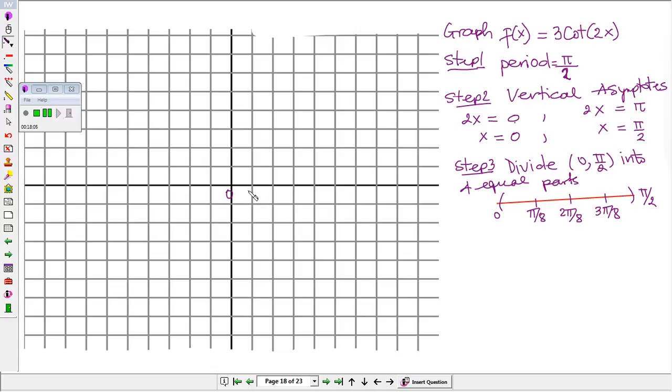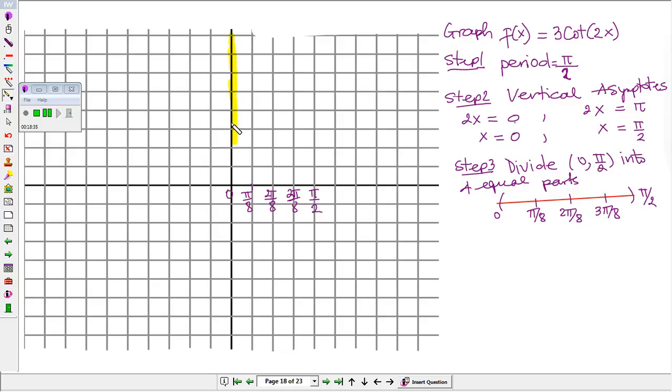So you can put it in your graph. This is 0, this is pi over 8, 2 pi over 8, 3 pi over 8, and lastly pi over 2. Let's go ahead and sketch the two vertical asymptotes.